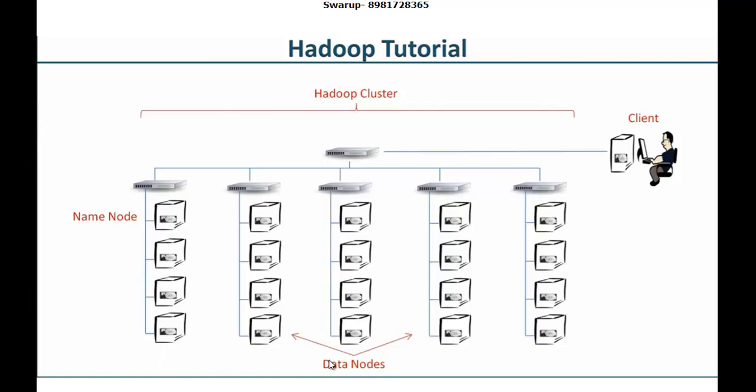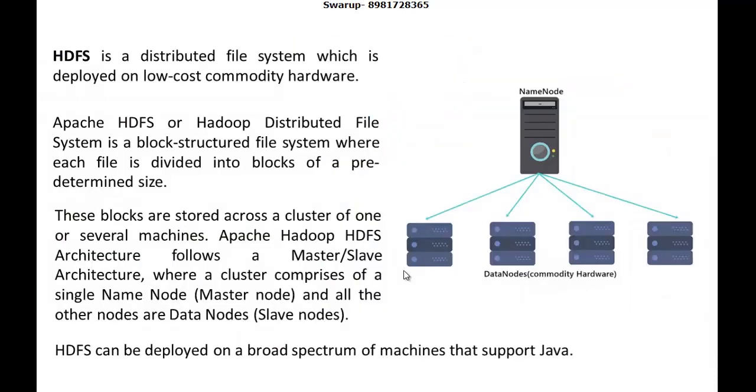Those systems which are part of the network are considered data nodes. So in every network there will be at least one name node, and n minus 1 systems are going to be considered data nodes. We will come to know the relevance of this.